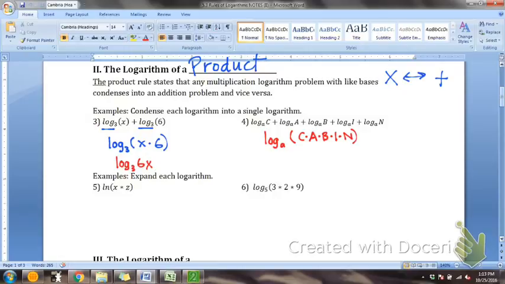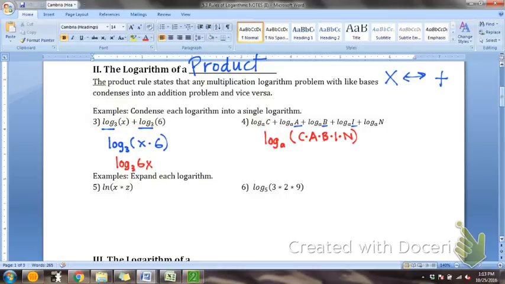A log cabin. Good. All we're doing really is multiplying together these bases, the A, the B, the I. So it doesn't matter whether they're giving you numbers or variables, we just put them together.